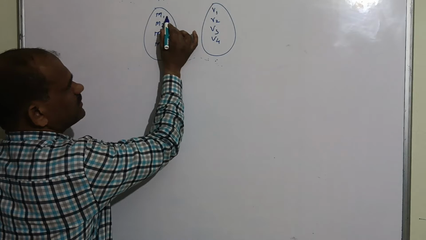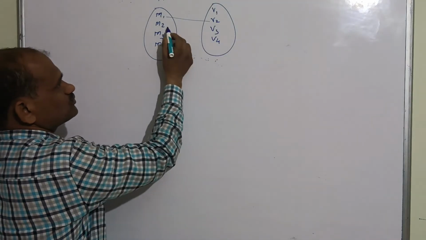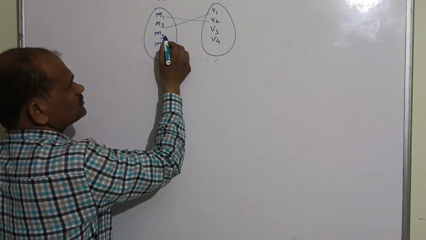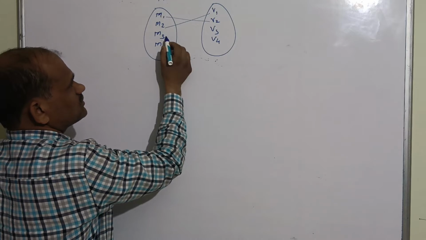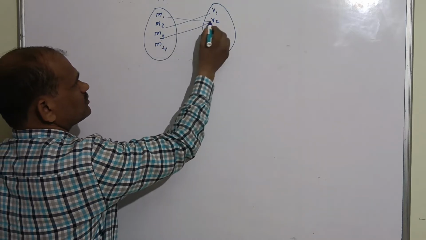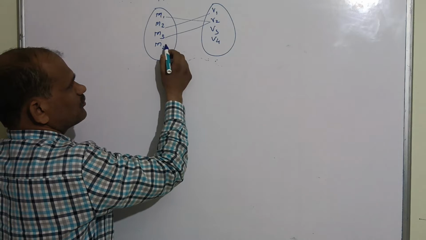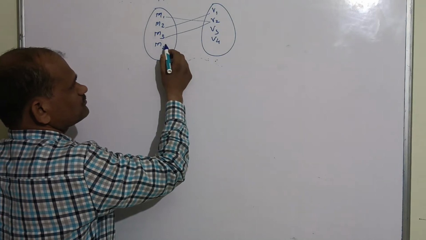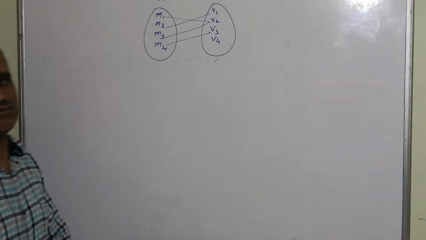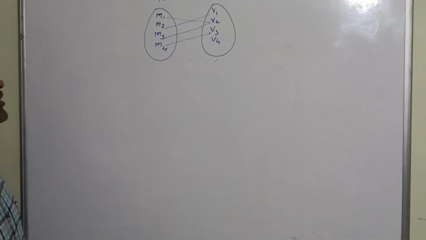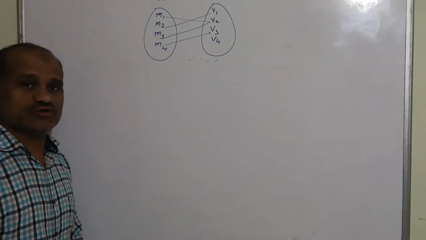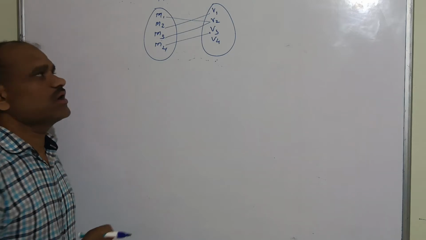So this man is associated to, suppose, V2 is for M2, M3 may belong to the same village, M4 belongs to village V3. We are going to apply the definition of function. What is a function?